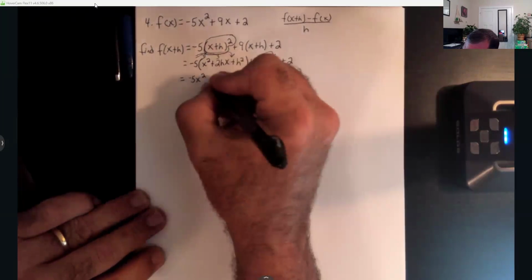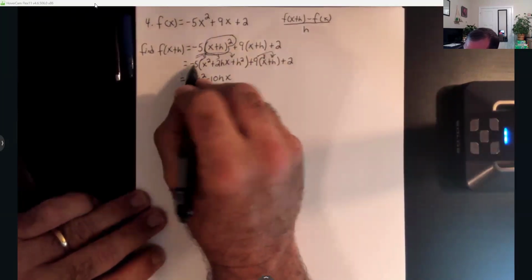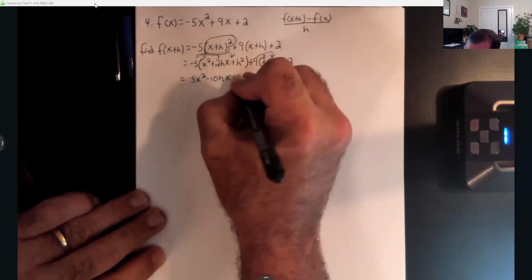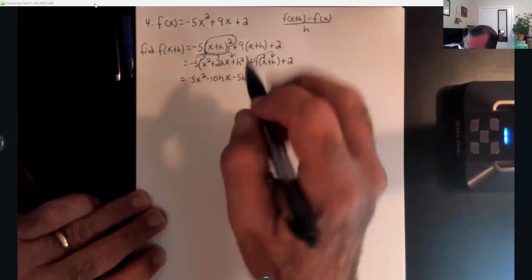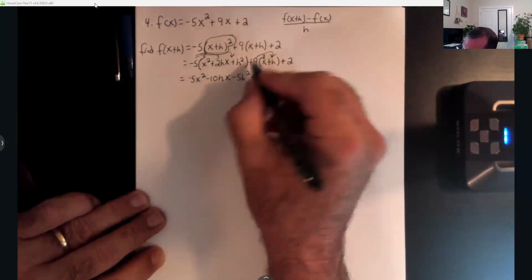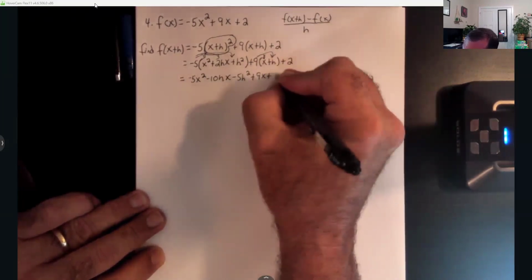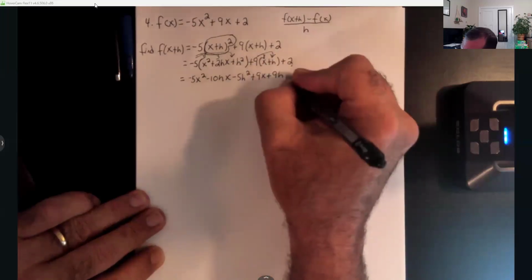Negative 5 times 2 is negative 10hx. And then negative 5h squared. Now we distribute the 9. 9 times x is 9x. 9 times h is a plus 9h. And y'all at the end is a plus 2.